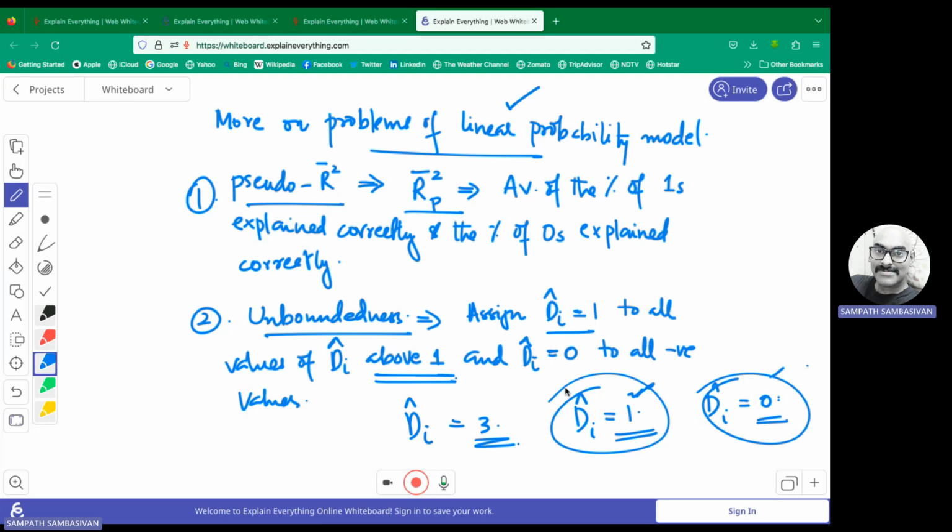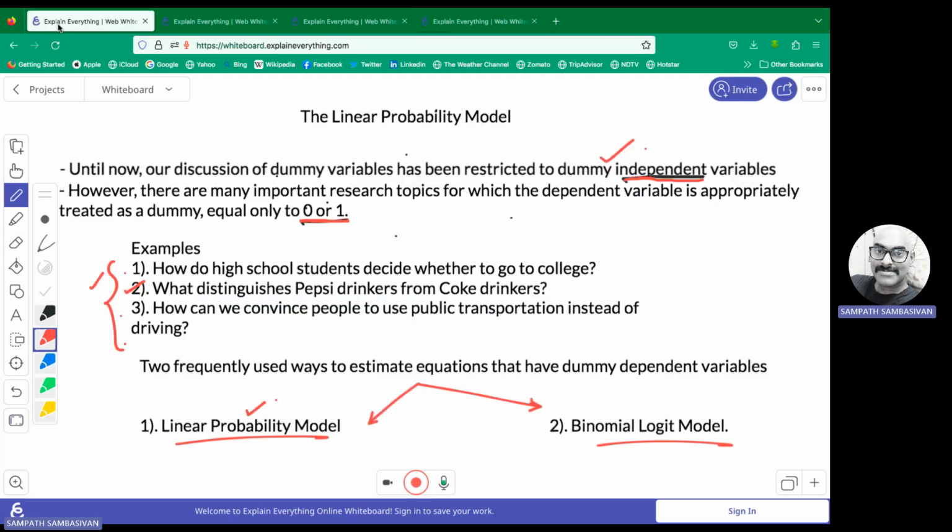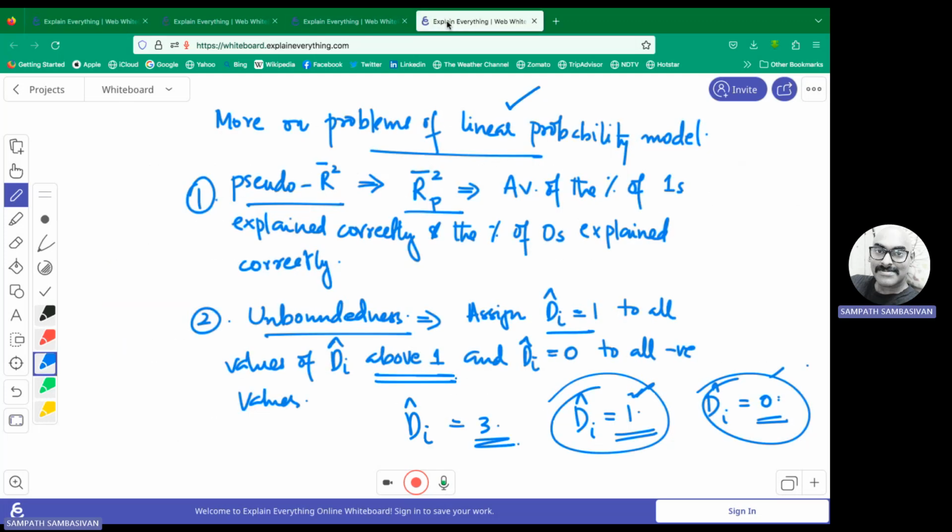The problem of unboundedness is addressed in a meaningful way in what we call the binomial logit model. So this is essentially the sum and substance of what we call a linear probability model.